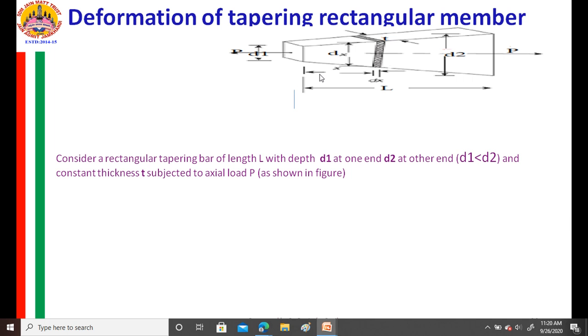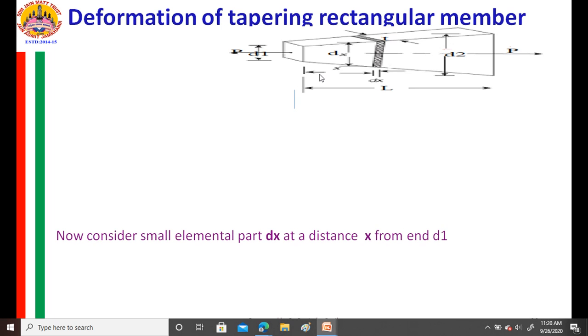For that, what I am doing is, I am considering a small elemental part of this rectangular bar, not the whole length. I am considering a dx so small that whatever the value of depth here is almost equal to here.